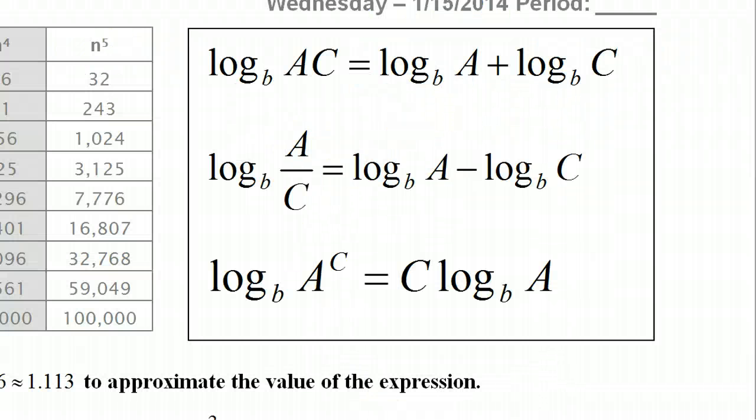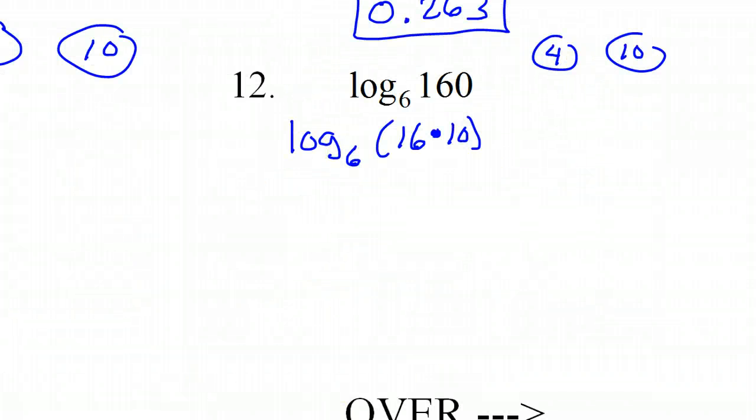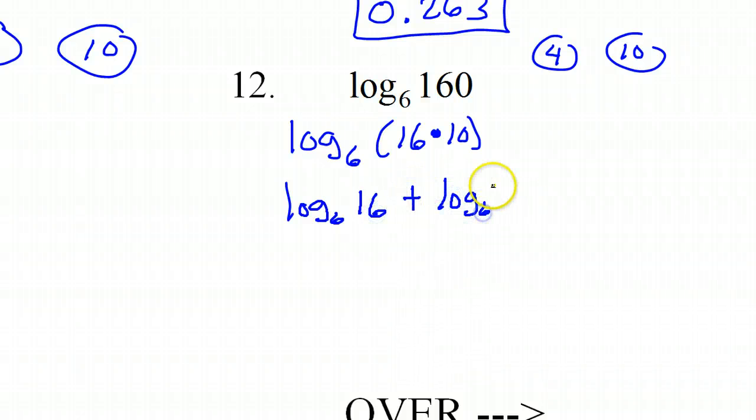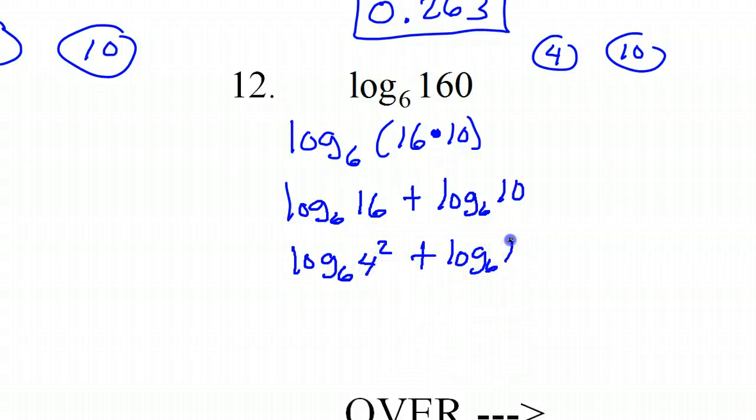Now, if I use that first rule, multiplication splits apart as addition, then this will become log base 6 of 16 plus log base 6 of 10. Now this second one is done. It's exactly what we needed. We have the decimal for that. But this one, as I mentioned a moment ago, has to be written as 4 squared. And then the 2 comes out front.